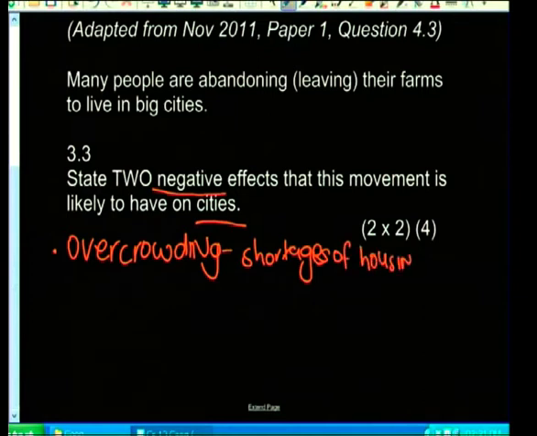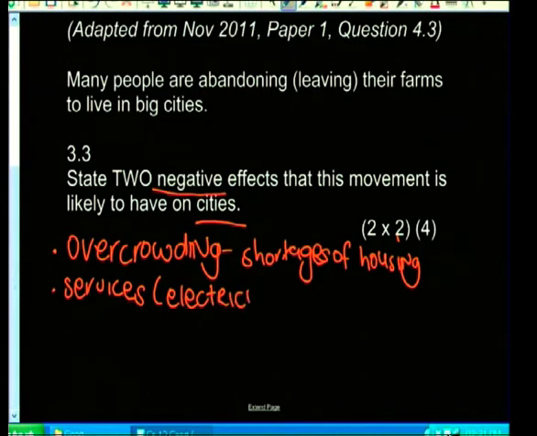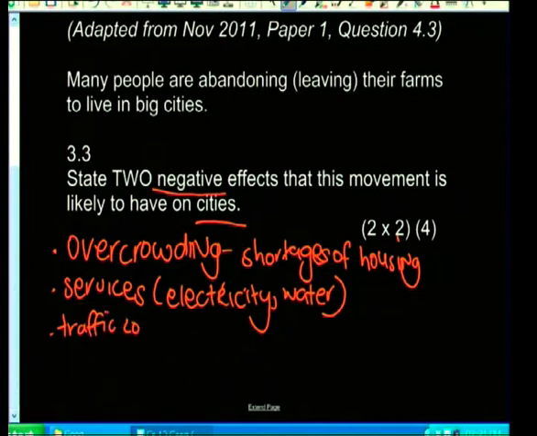Another problem with so many people moving into the city centers is that our services battle to cope. So electricity supply is obviously going to be under a lot of pressure if there's a lot of people moving into the cities. Our water supplies are going to be affected. We are going to have a lot of traffic congestion with so many people moving into the cities.